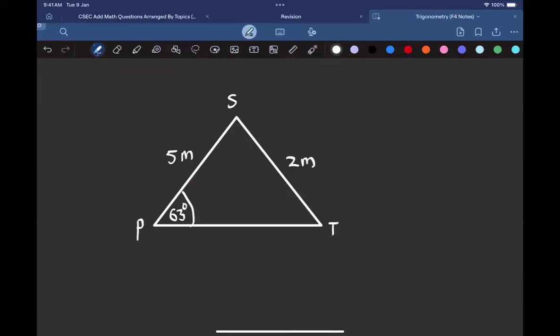Bryce, I want you to show me where angle STP is. Right, so show me where the angle is. I see you drew the angle.